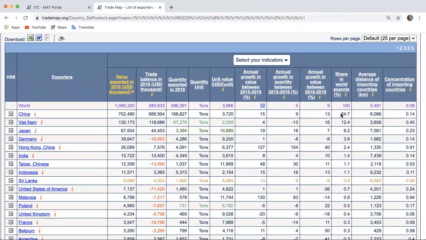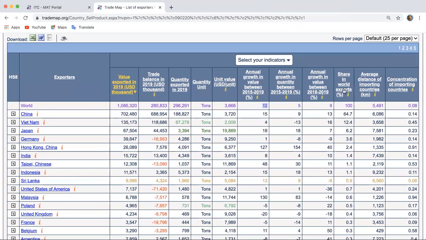Then some more indicators here. We also have an indicator which is share in world exports. So the world is always 100% share, but then we see that, for example, China has 64.7% of the world exports of green tea in hand. So it's huge. It's a very concentrated exports distribution.